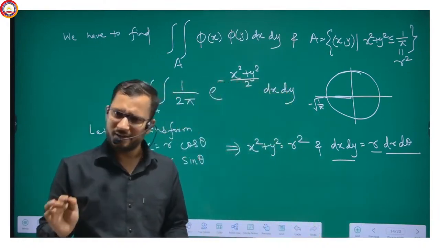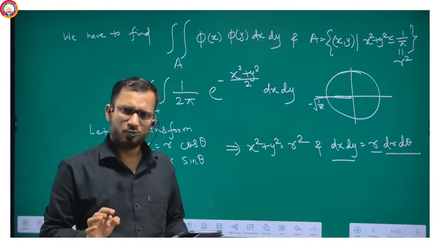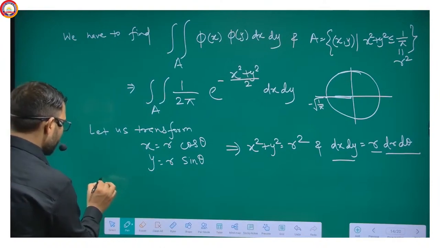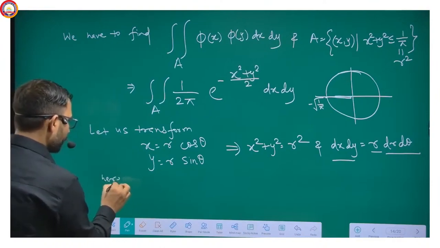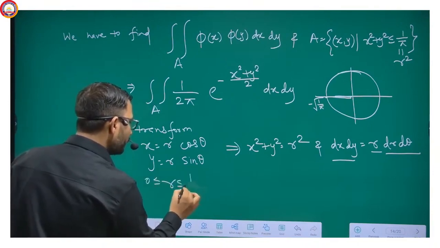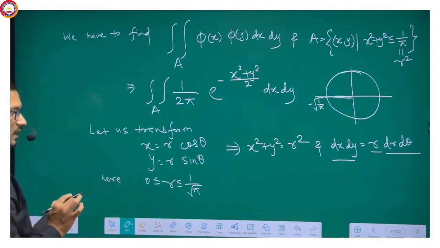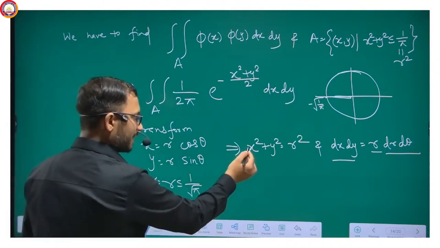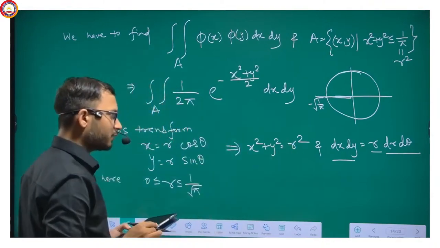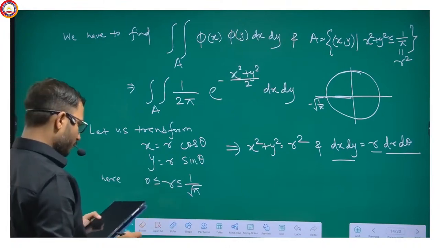R is a length, and so the range of r is 0 to 1 by root pi.